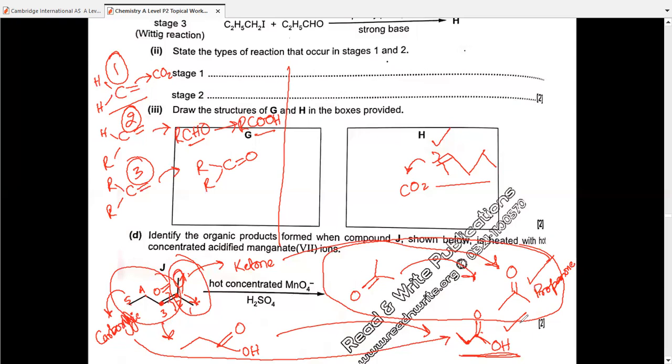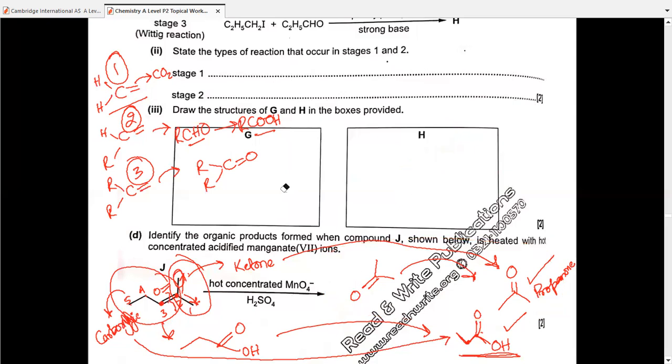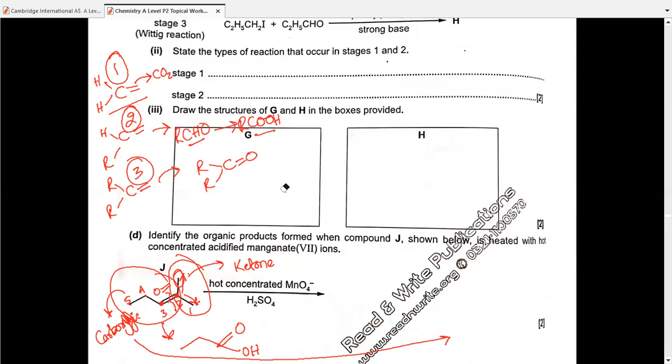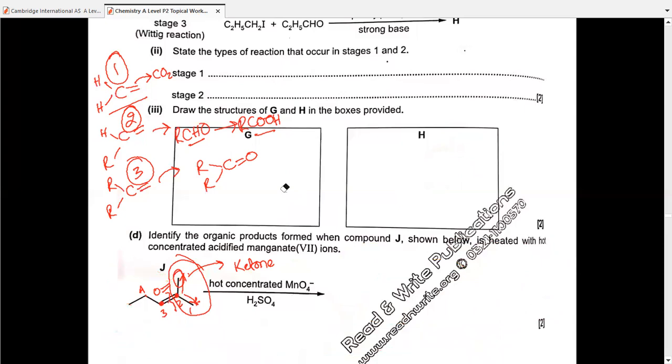Could you re-explain the formation of carboxylic acid? Yeah, sure. I think this is too messy, so I need to clean all of this up. What I want you to do every time, as soon as you look at a structure, is break that double bond apart. Since from this part you have two lines, this can be a ketone.